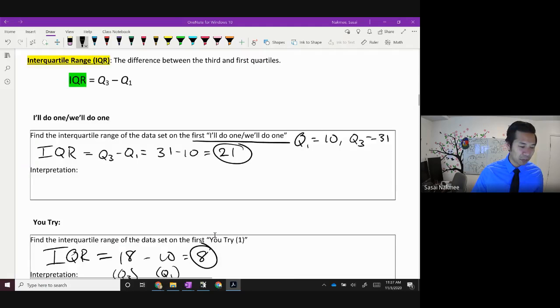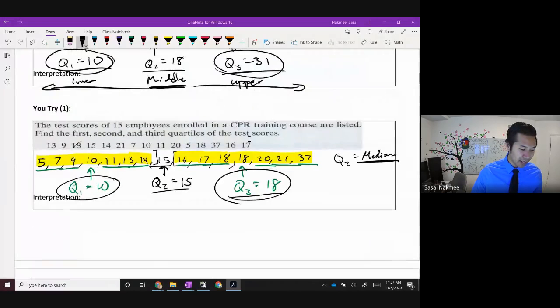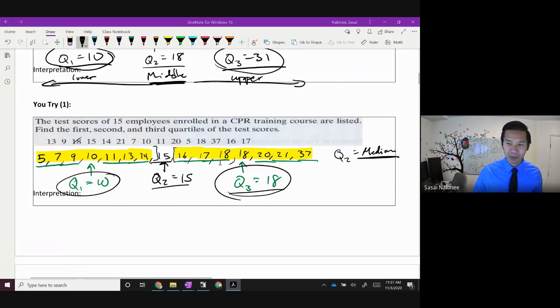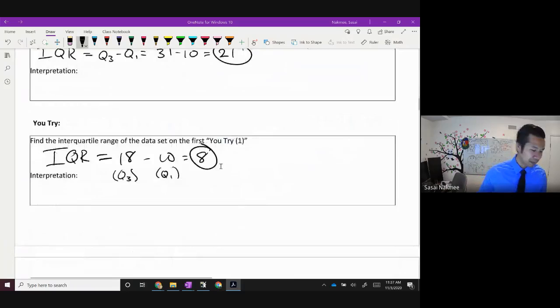If I look at the middle portion of my data from 10 to 18, which makes sense because that's Q1 and Q3, that's all I would say. If you want to write it down, we can go with that.